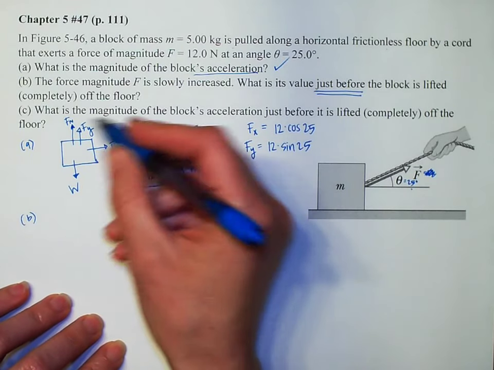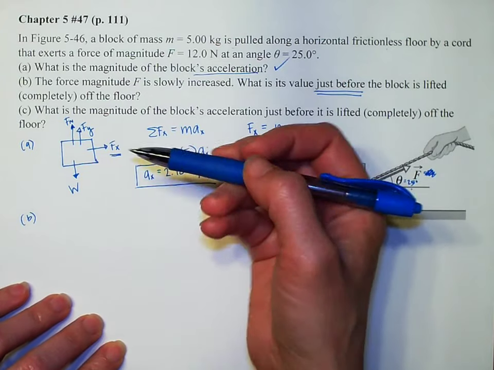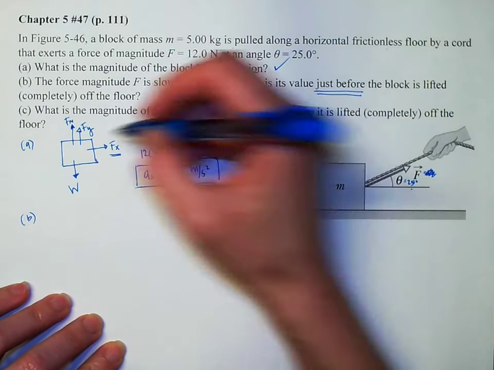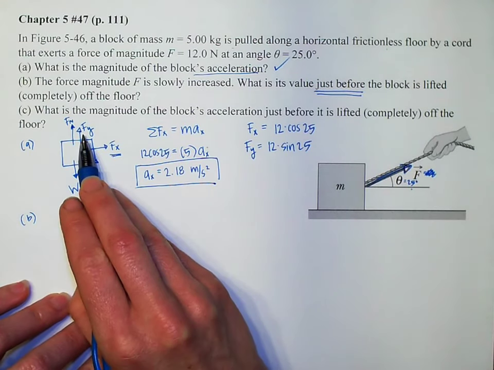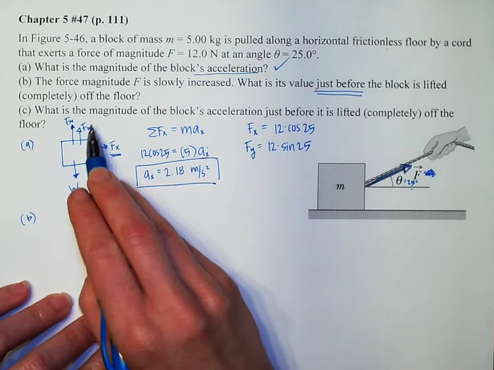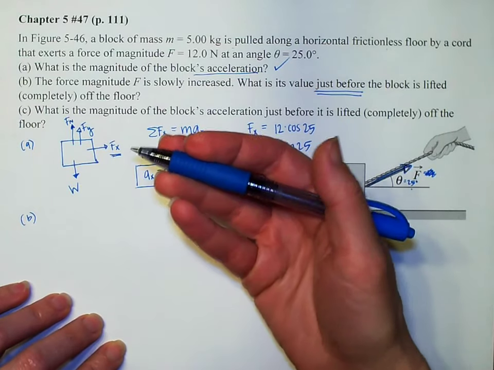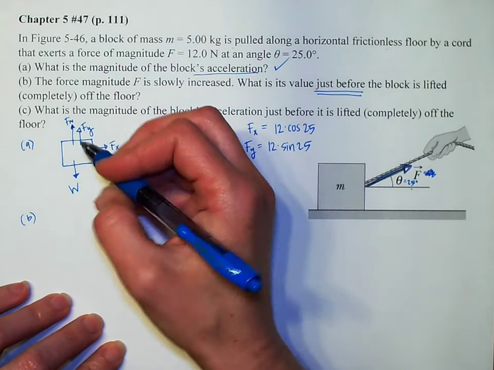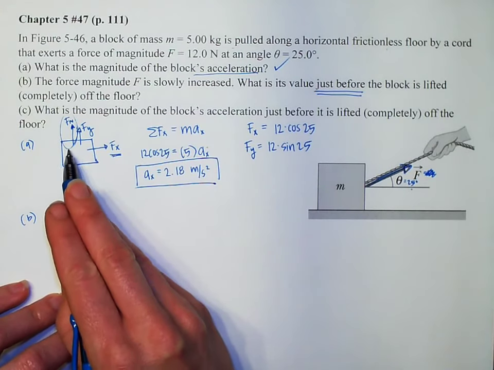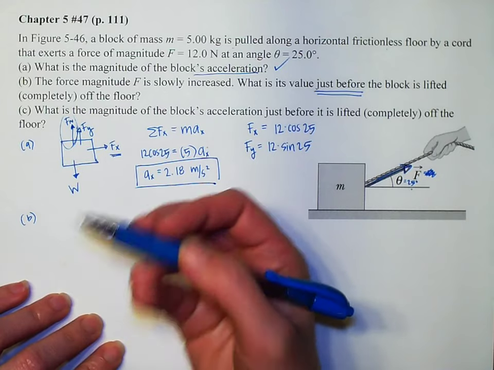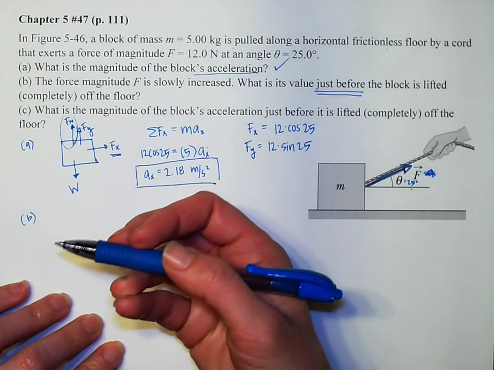So we have the same free body diagram, but the thing that we want to consider here is that this force is getting bigger and bigger and bigger, meaning that Fx and Fy are getting bigger and bigger and bigger. And if I'm about to be lifted off the floor, then what that also means is that I no longer am being supported by the floor, meaning I do not have a normal force anymore.